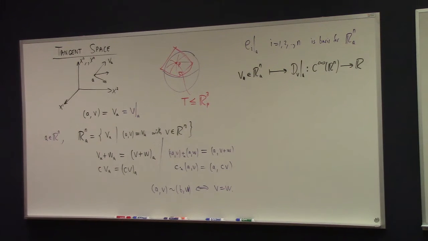How do we define this map on smooth functions to R? How is that done exactly?